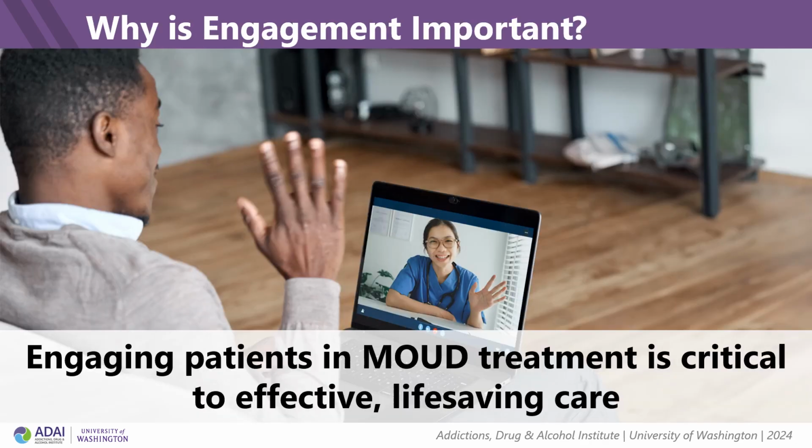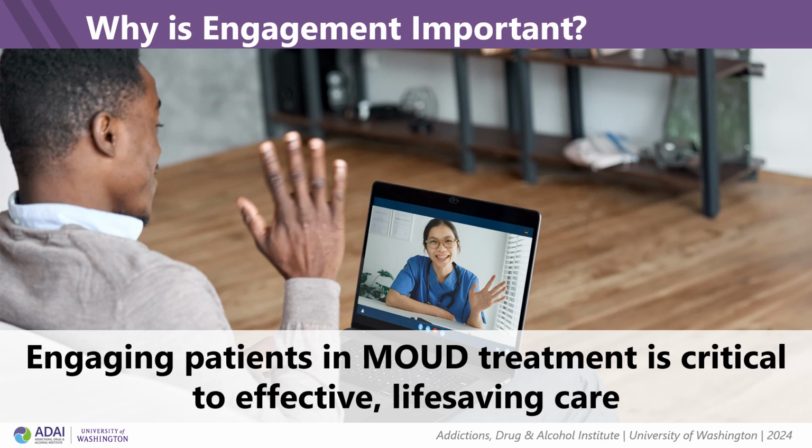So why is engagement important? Well, we just said it wraps around everything. It's a critical component in a treatment process. But more specifically to the work that we do, engaging patients in medication for opioid use disorder treatment is critical to effective and life-saving care for people living with opioid use disorder.